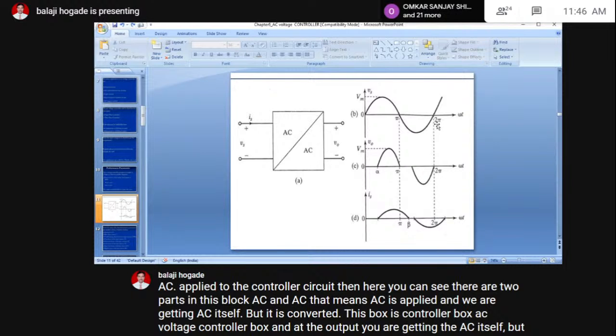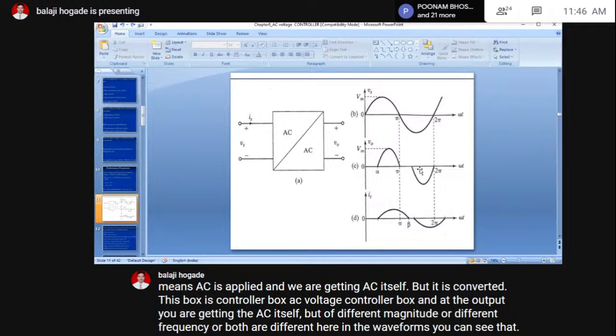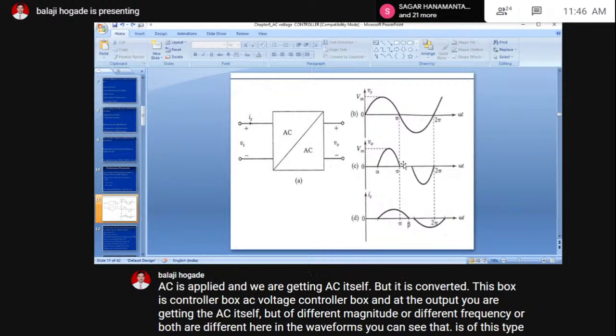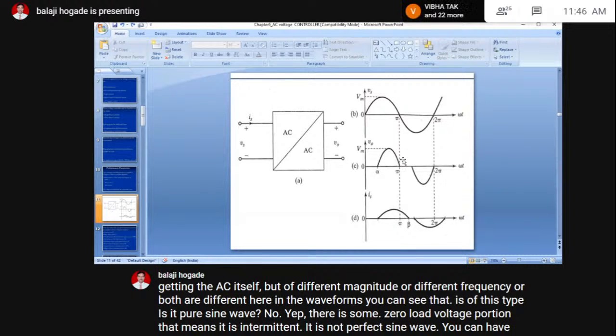Here in the waveforms you can see that the output is of this type. Is it pure sine wave? No. यहाँ पे there is some zero load voltage portion. That means it is intermittent. It is not perfect sine wave. You can have this type of output. Why is it there?